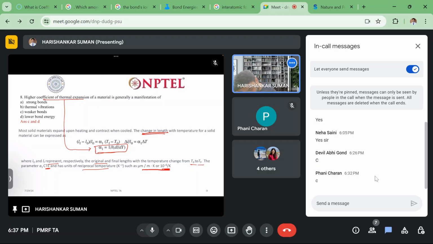So how can we relate weak bonds and lower bond energy? There is a relation between bond energy and bond length. Let's say this type, L1, L2. Which length is higher, L1 or L2?